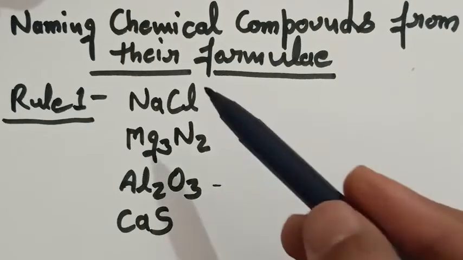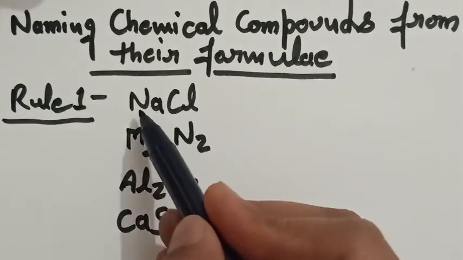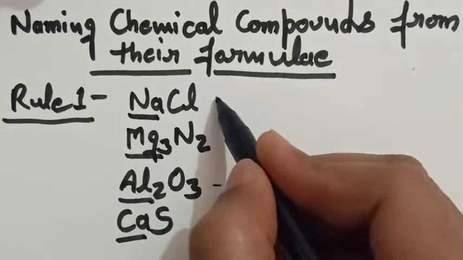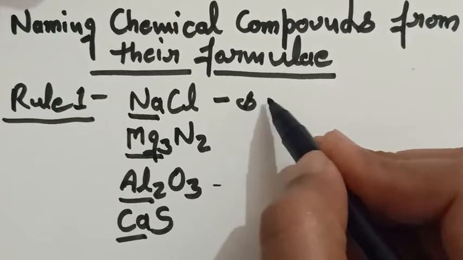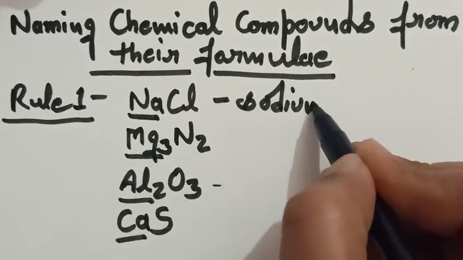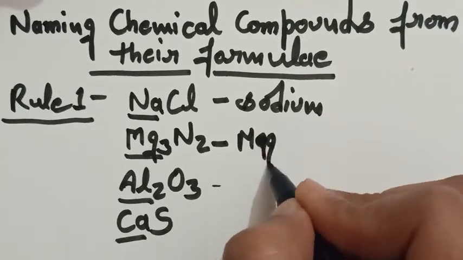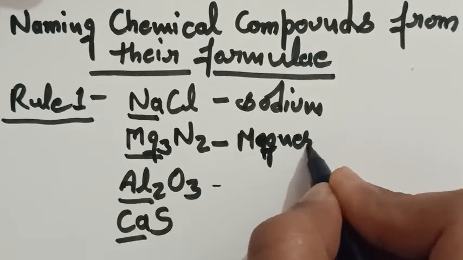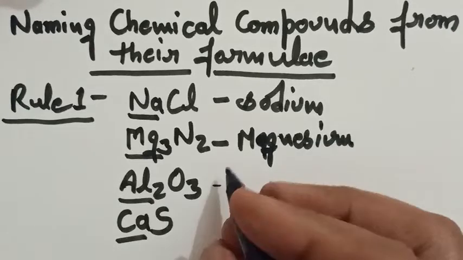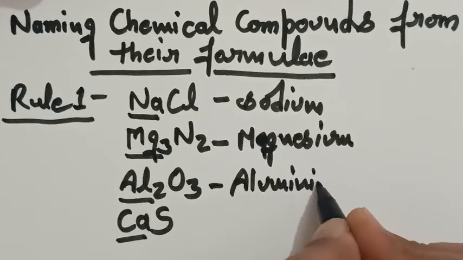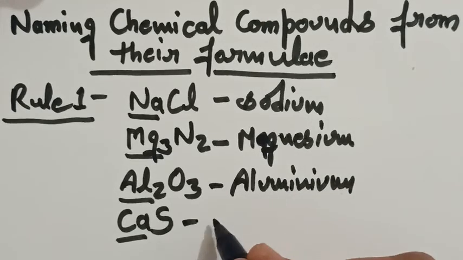So in such a case we have to first name the metal as it is, meaning the name of this compound is sodium, metallic name as it is. Magnesium, aluminium, calcium.